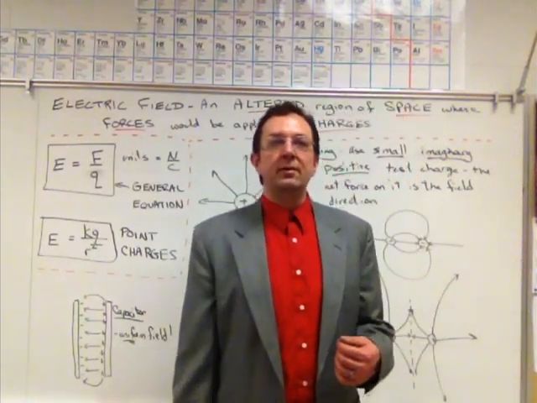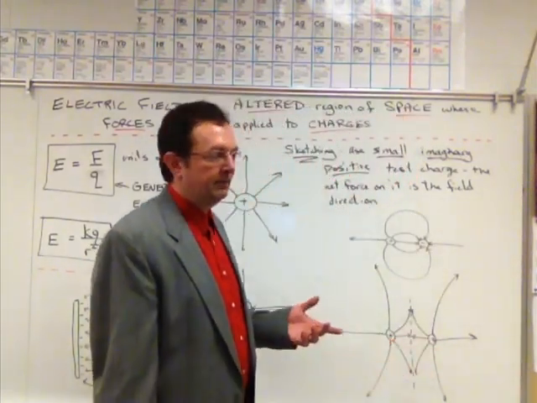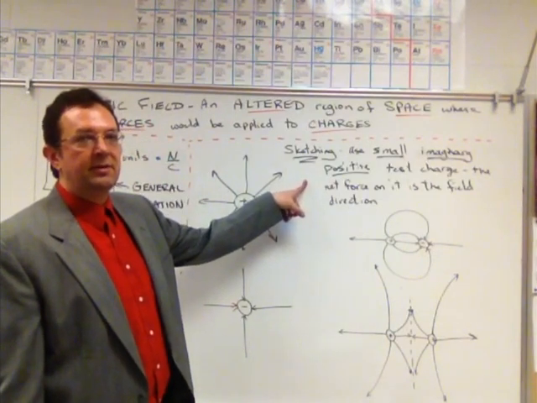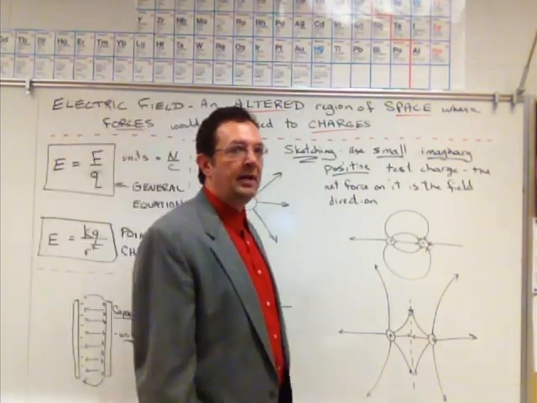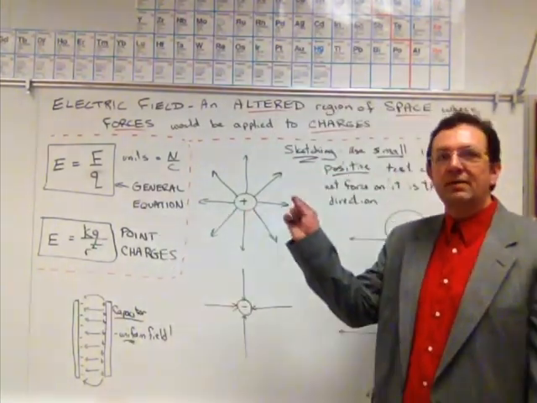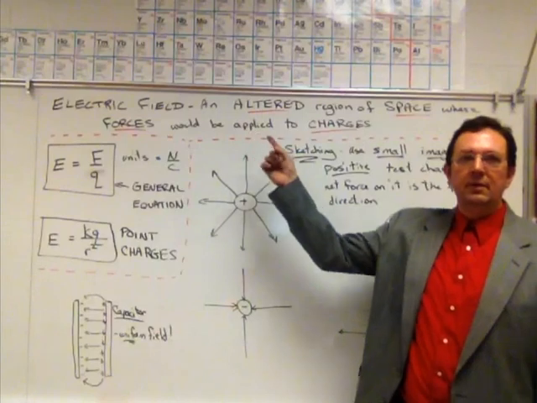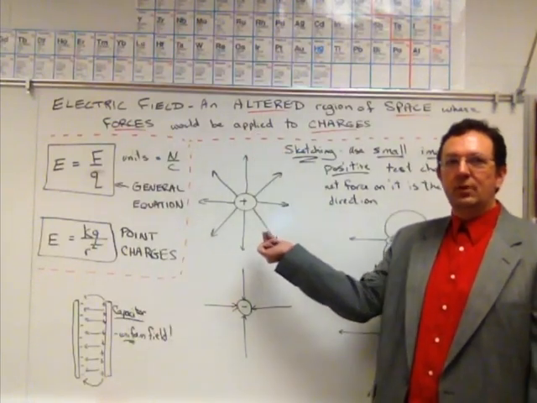Since electric field is also a vector, we determine and sketch the direction of electric fields by placing imaginary positive test charges in this region of space, which is altered because of the presence of this other original large charge.